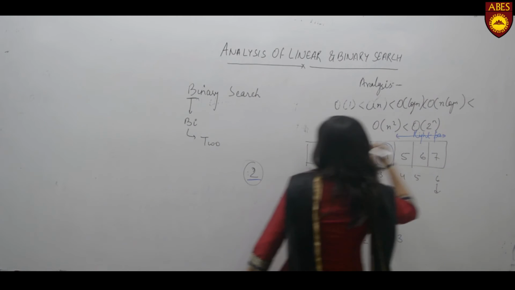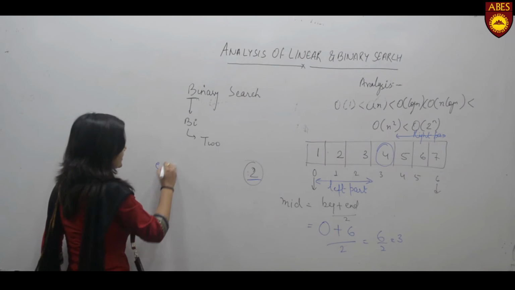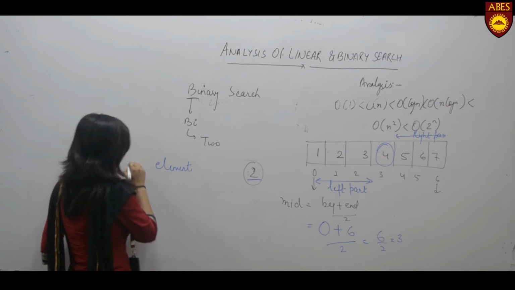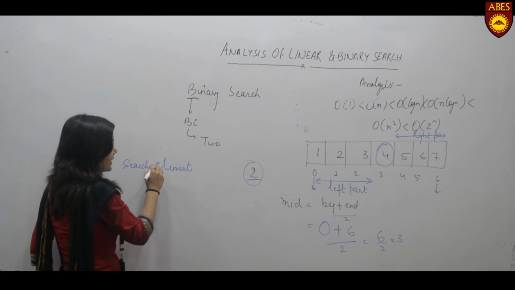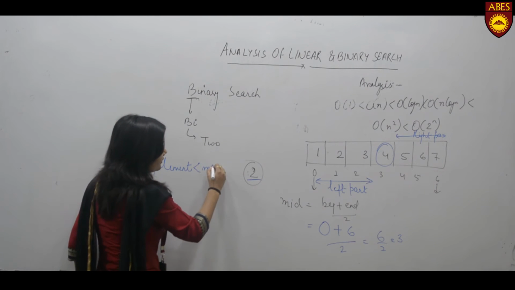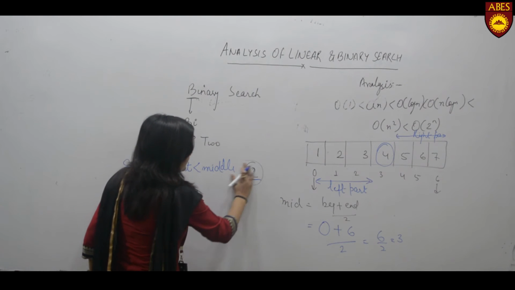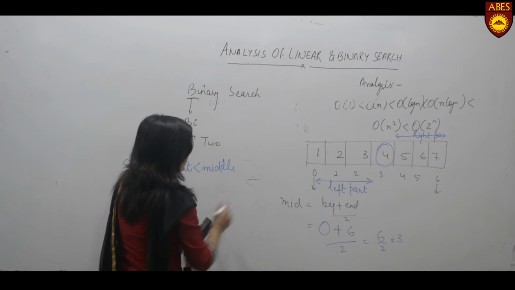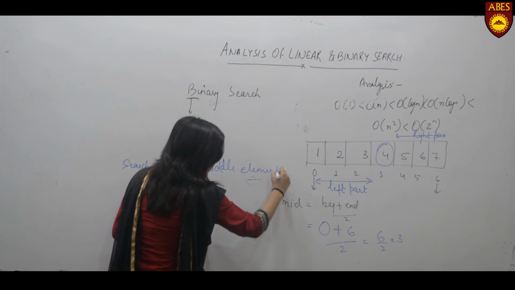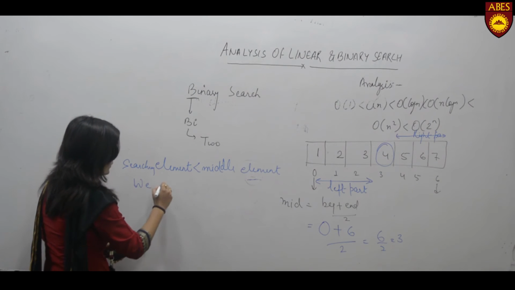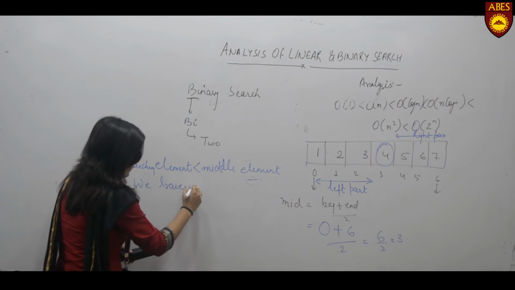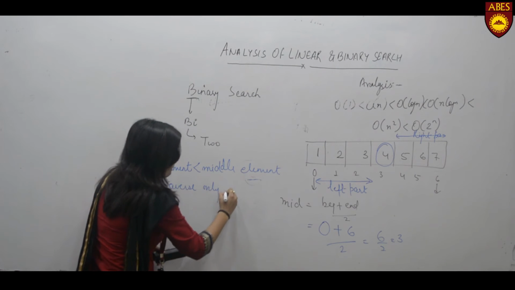So we can summarize it like this: if the searching element is less than the middle element, we traverse only the left part.